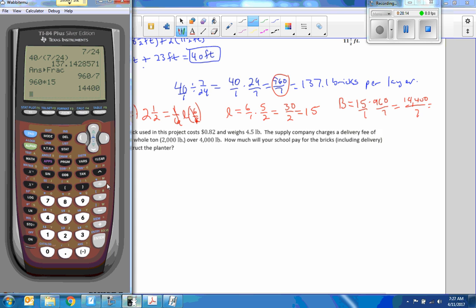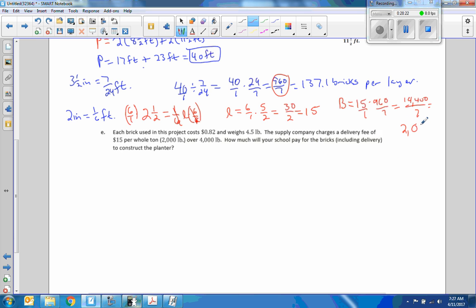Finally, if I just hit divide by 7, we get 2057.1 approximately. So we need 2,058 bricks. We're not going to round down. We need all the bricks we can get. So 2,058 is going to be our key number.